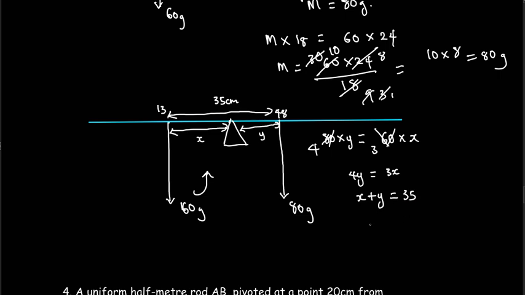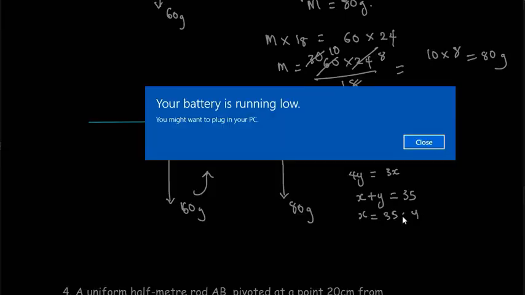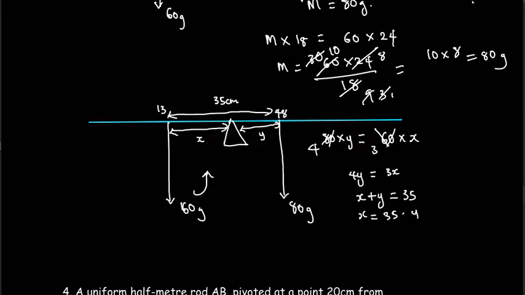Now we have two equations. All we have to do is solve simultaneously. This is just simple mathematics. So 35 minus y is the value for x, right? So we're going to substitute into this equation.